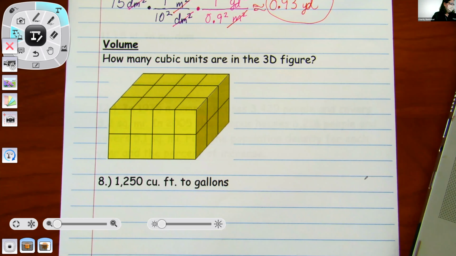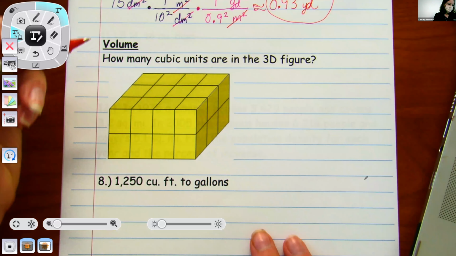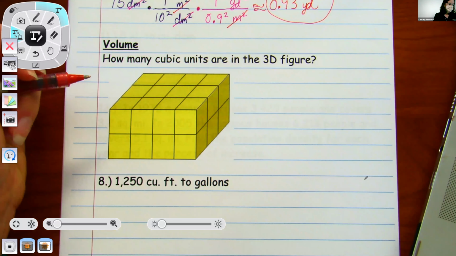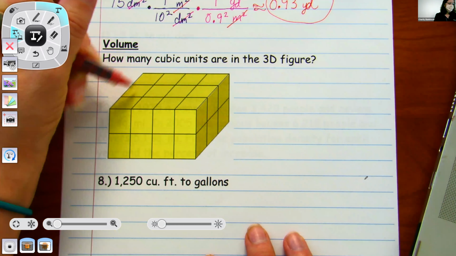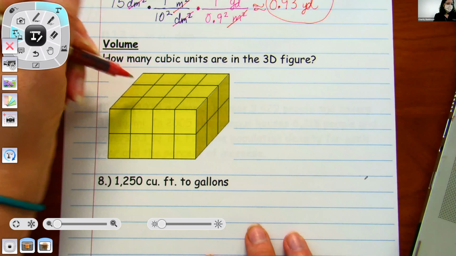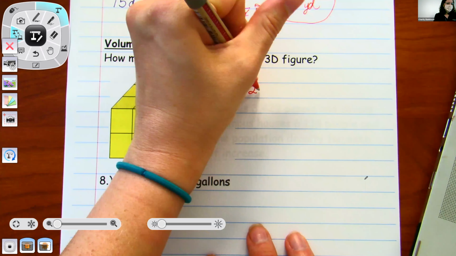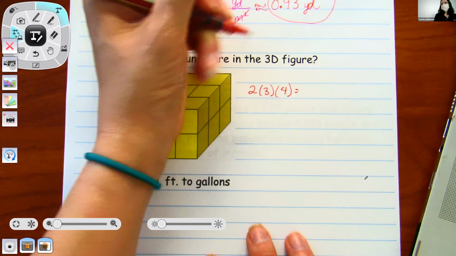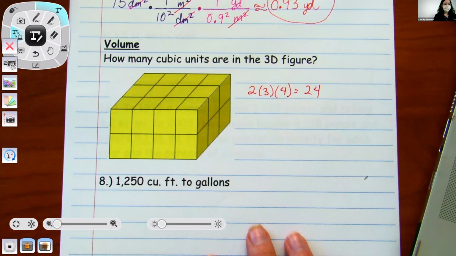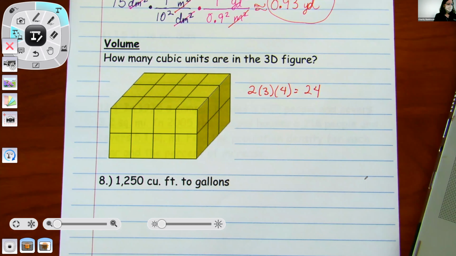In this three-dimensional figure, how many cubic units are there? There's 2 times 3 times 4, and that equals 24 cubic units. So that's a measurement of volume.